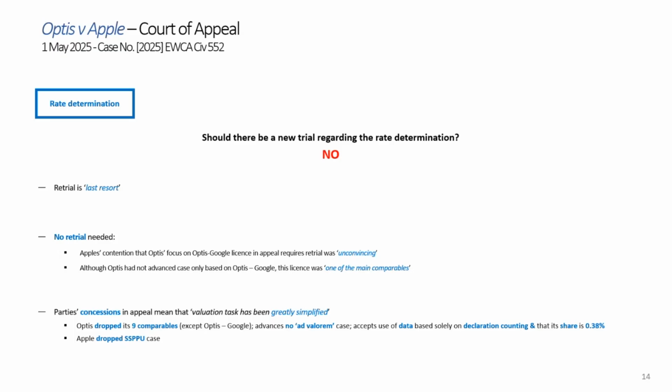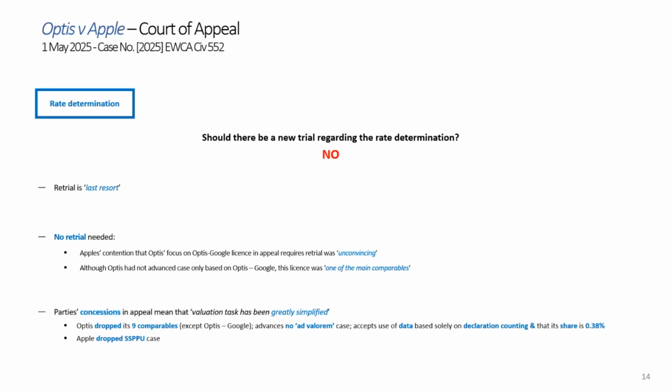It found that it was the last resort, and in the present case, it was not needed because there was evidence collected in the first instance, maybe not exactly focusing on the aspects that were relevant now in the appeal, which was particularly the Optis Google license, for example. But on the other hand, the court found that all of these elements were part of the first instance proceedings.